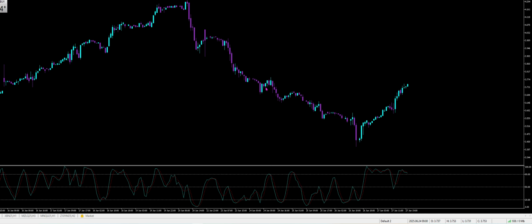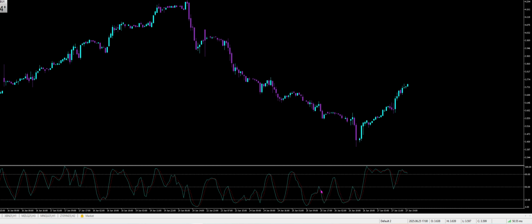Since we're looking to enter short on this market, we want the oscillator to get up into this upper band here at the 80 level or above. Those are the best entries. Now, I've also found that as long as it gets to at least the 50 level, where this blue line at least touches the 50 level, that is acceptable too.